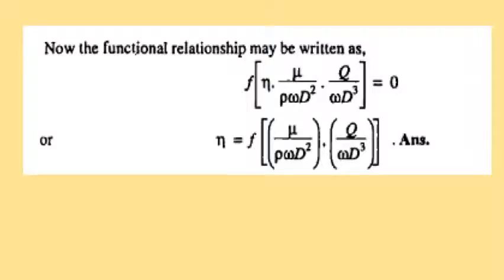Here efficiency is the dependent variable. For that reason, the efficiency of the fan is a function of the other two pi terms, that is mu by rho omega d square and Q divided by omega d cube. So that is the answer for the efficiency of the fan. In this manner, some other numericals can be solved. Thank you.